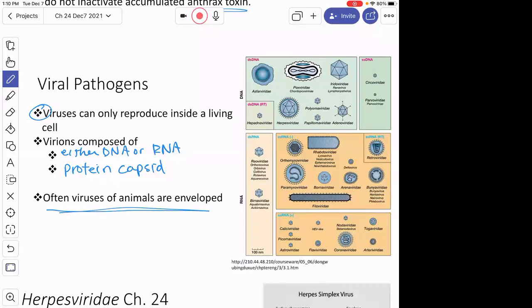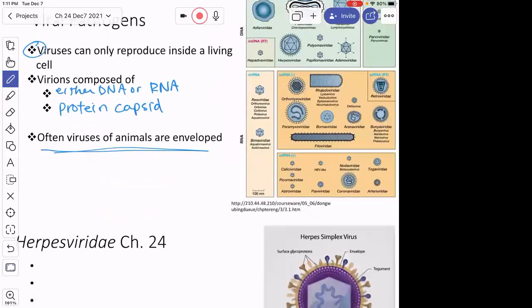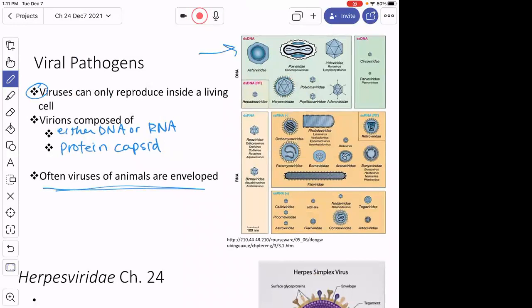Remember, this kind of talks about how we classify viruses a little bit. We had one scheme that was just based on the nucleic acid, the Baltimore scheme, with 7 different categories. A lot of times though, we try to make viruses fit into our classification system like they were alive.